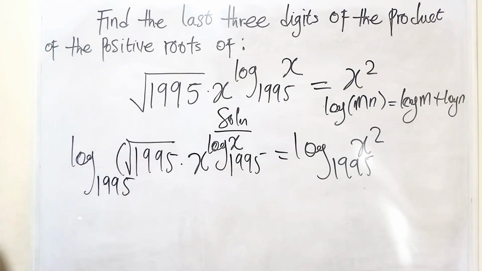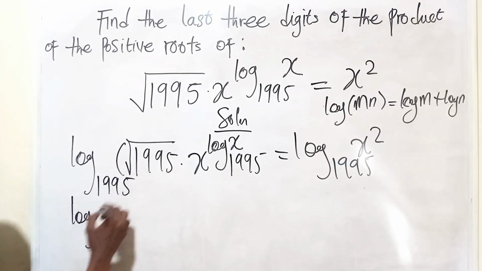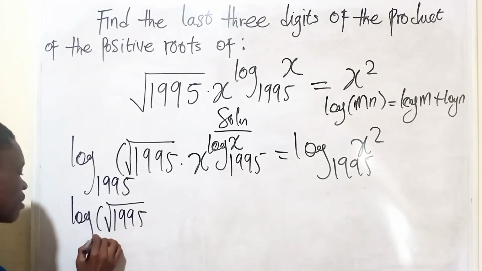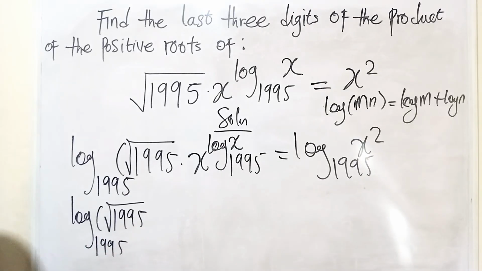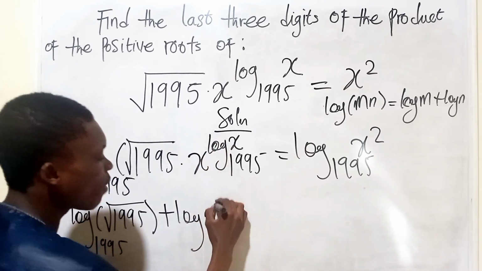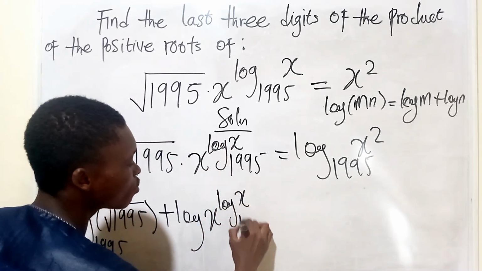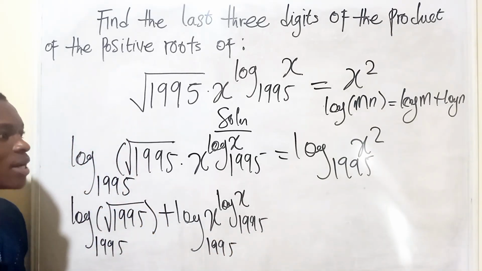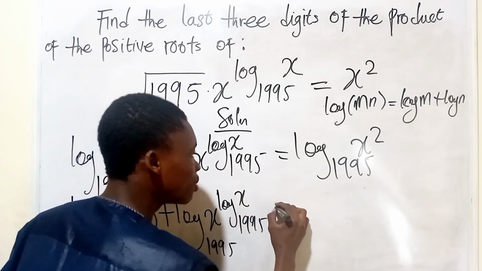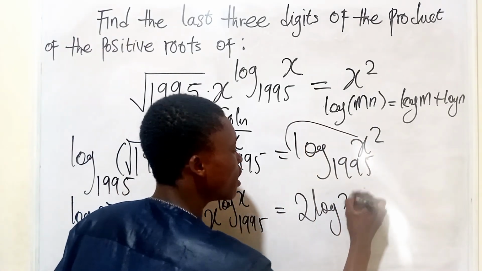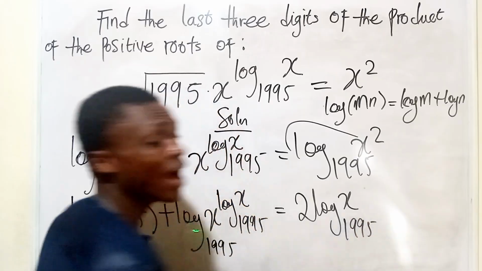So this is log of the square root of 1995 base 1995, plus log x to the power log x base 1995, base 1995. Hope you're getting it. Now this power can come down to log x base 1995.